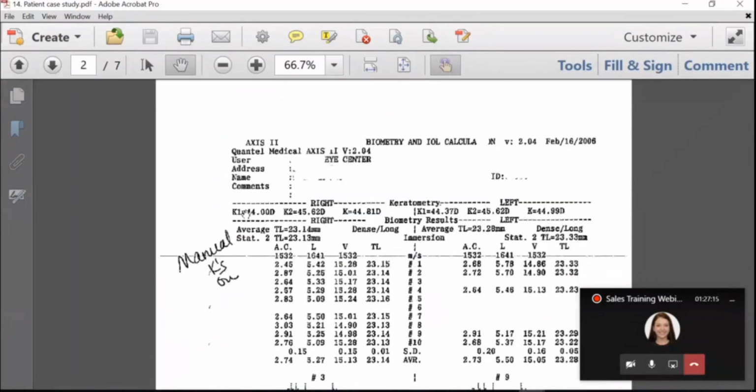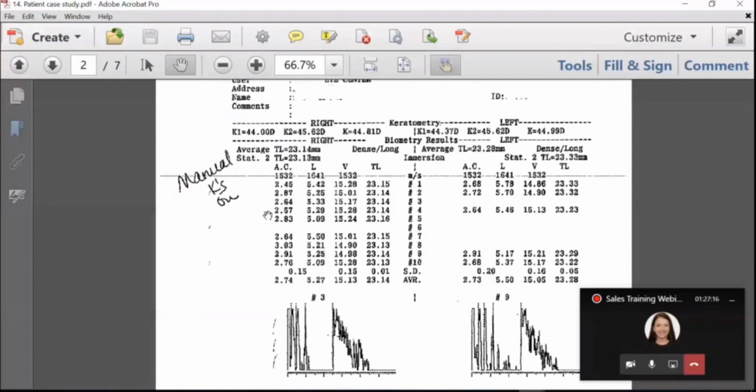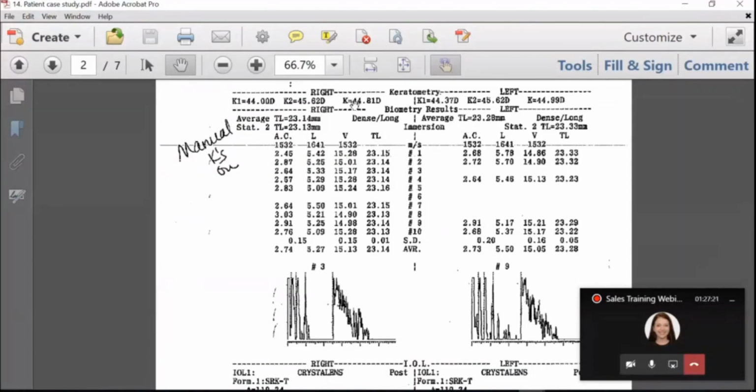what you can see here is a calculation, right? When we are calculating a monofocal implant, we are using the K values over here, but we're not using a specific K1 or K2 value. We're using the K average value, in the middle between K1 and K2.